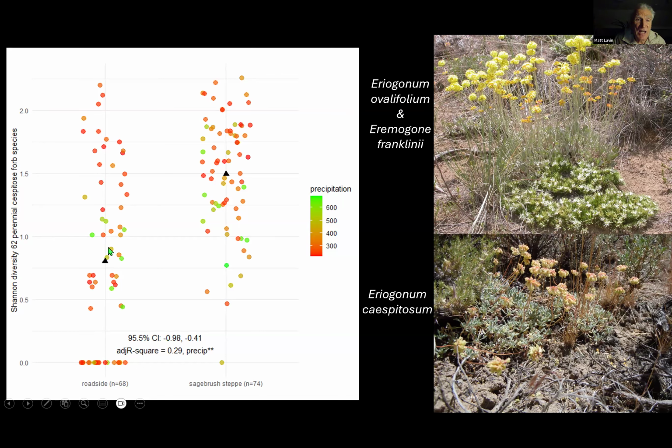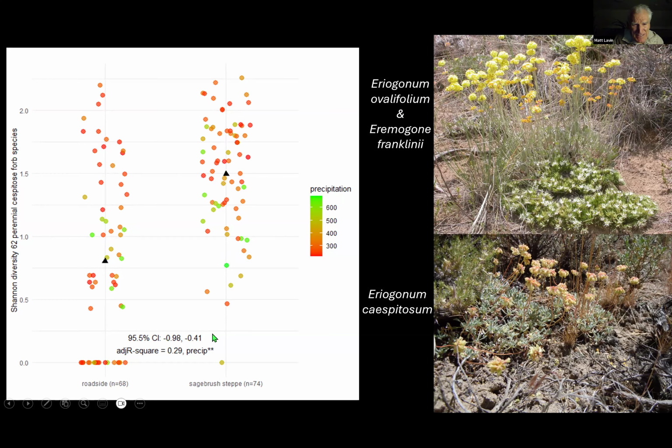They're both negative, so that means this mean value along the roadside is significantly less than that mean value in the sagebrush steppe. So there tends to be a big difference between perennial cespitose forb diversity in the sagebrush steppe compared to even the adjacent roadsides, which are pretty rich in native plants.